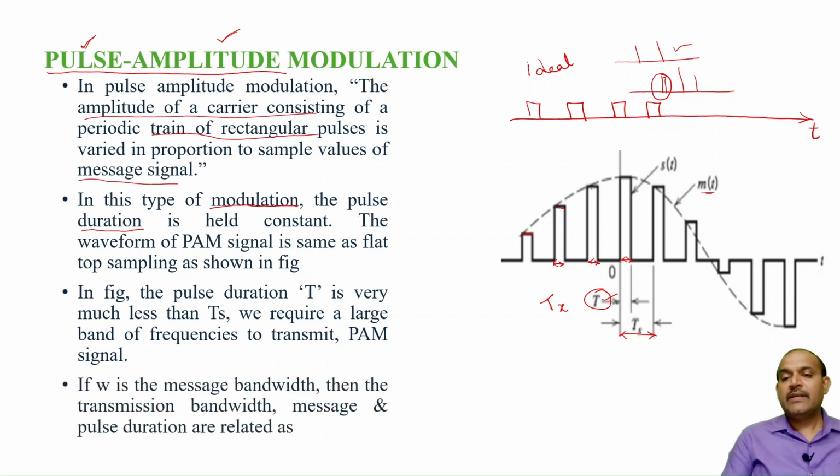Because t is very small compared with Ts, you require more bandwidth: you are transmitting information only in these portions, whereas in the other portions no information is sent. So you are wasting bandwidth.